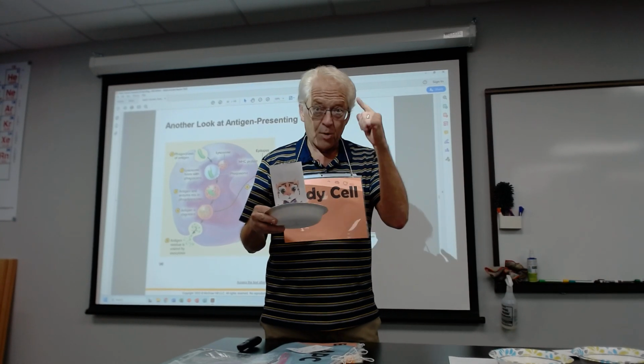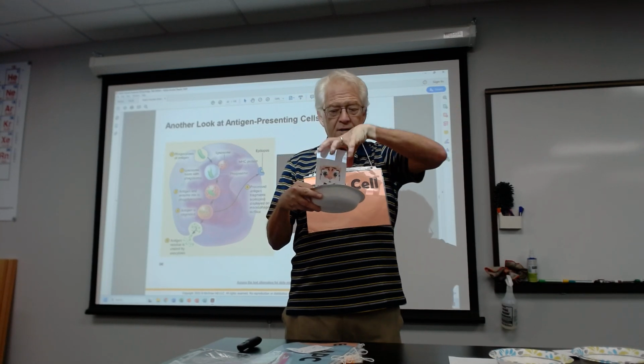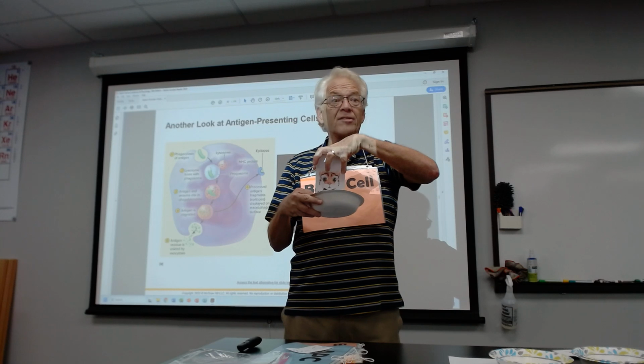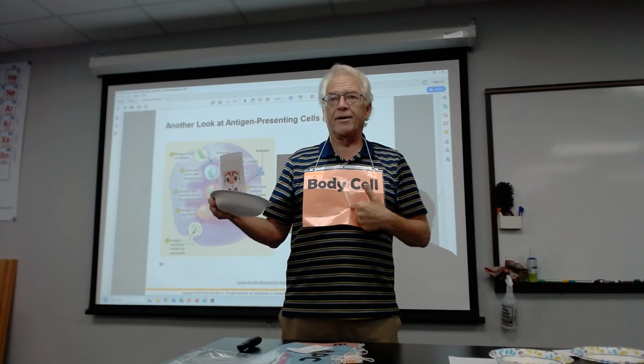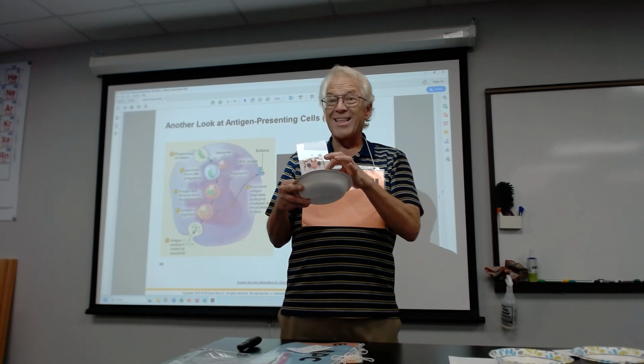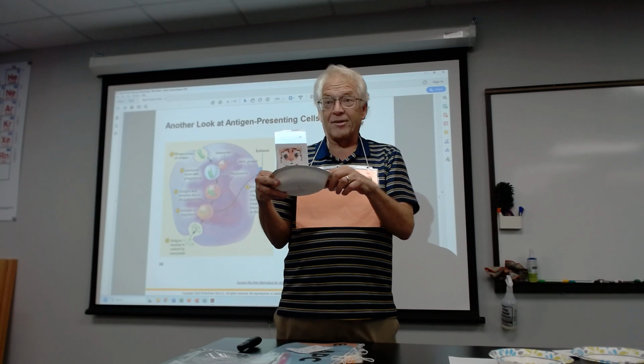Cytotoxic cells. Okay? That's important. Cytotoxic cells. So the cytotoxic cell puts his hand in here and goes, oh, that's a tiger. That's a self-protein. No problem. Body cell, I'll let you live.